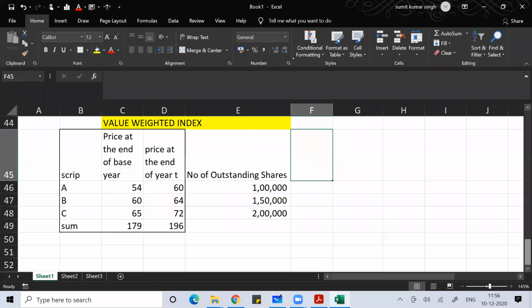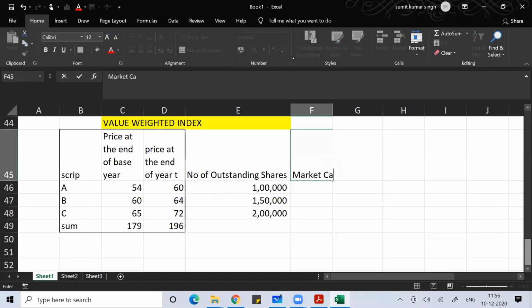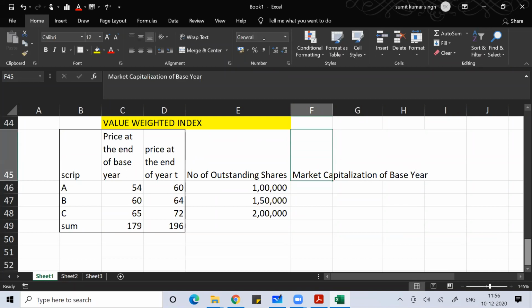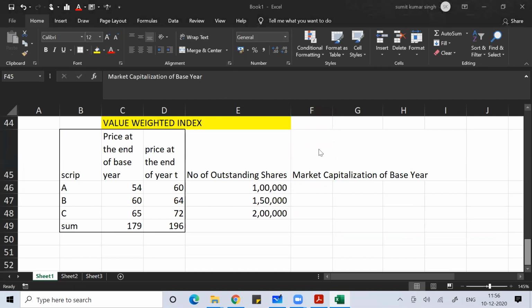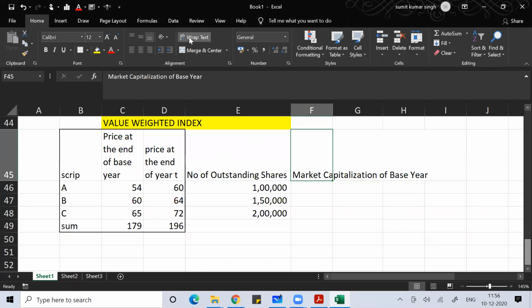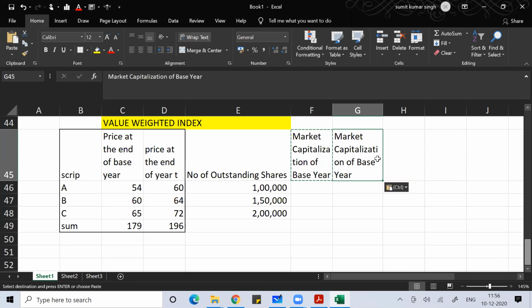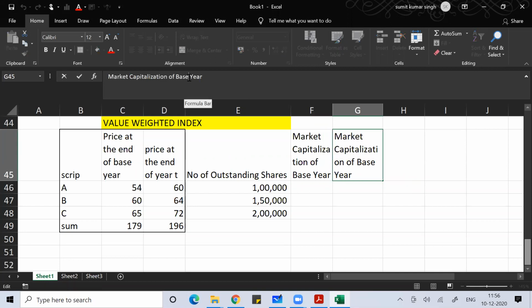Okay, so value index basically means market capitalization. Here I can find the market capitalization of the base year, and I can find the market capitalization of the current year.